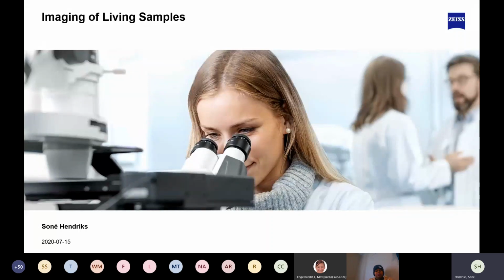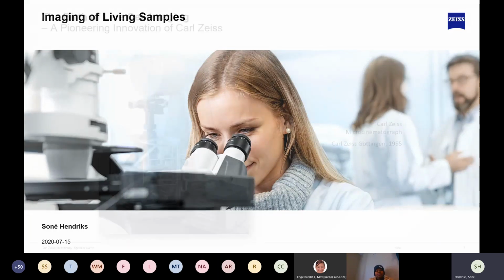It comes back to your type of sample. What do you want to answer? Which type of questions do you want to answer? And then once I know that, I can now consider what type of different techniques are available for myself.